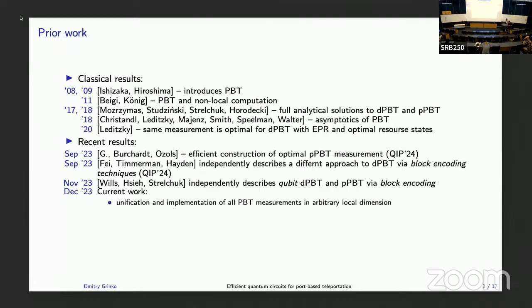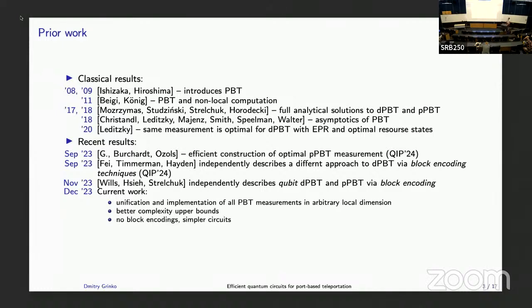Our current work aims to unify all those measurements and present a unified perspective on the implementation of those measurements in completely arbitrary local dimension. We also provide much better complexity upper bounds compared to our earlier work from September, and slightly better upper bounds compared to Adam's work for qubits.